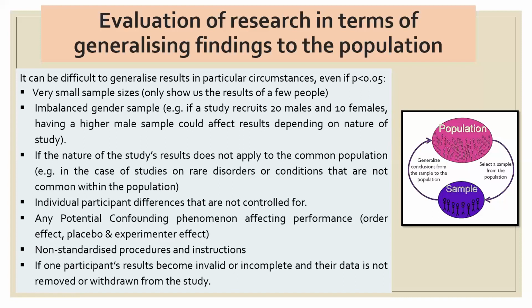And the last point is more to do with matched participants designs. So if one participant's results become invalid or incomplete and their data is not removed, that data will be invalid and that will end up maybe affecting our results. Or in the case of a matched participant study, like I said, if one participant withdraws from the study, the other participant in that matched pair, their results will become useless and we'll have to discard those results as well.